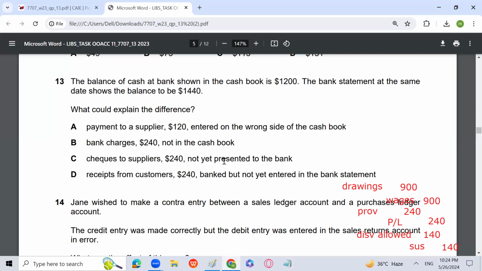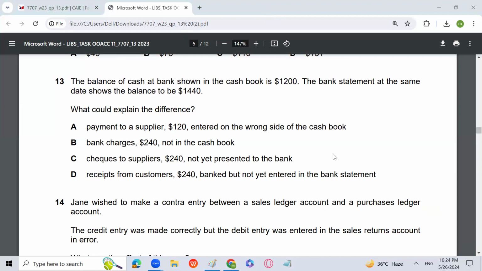So C is the answer. 1440 minus 240, you will get 1200, and the same balance is in the cash book. So C is the answer: cheque to supplier not yet presented to the bank. This was quite easy, not difficult at all.